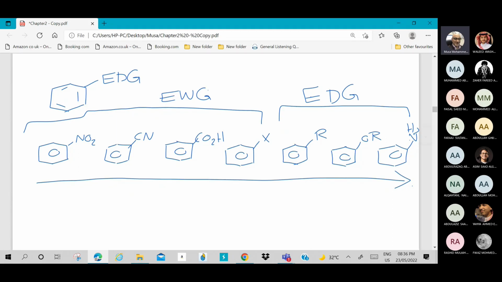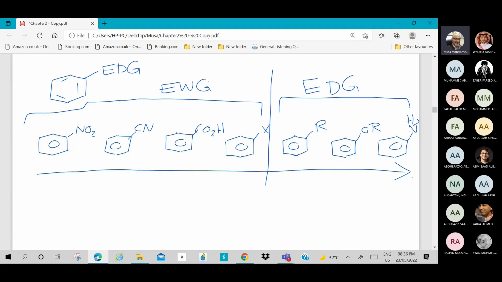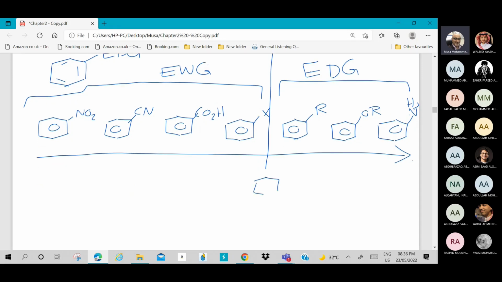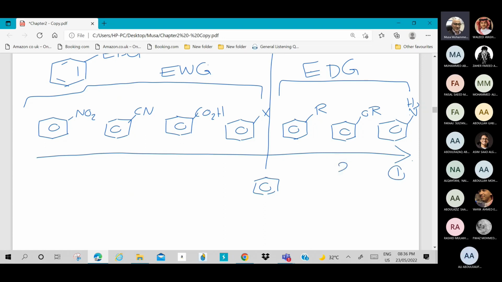It is better to have electron donating group, okay? And the one that comes here is the benzene ring, which doesn't have electron donating or electron withdrawing. Now, it is better to have this as number 1, then this one among this list is number 2, then this is number 3, and as you see, nitro group will be the worst.